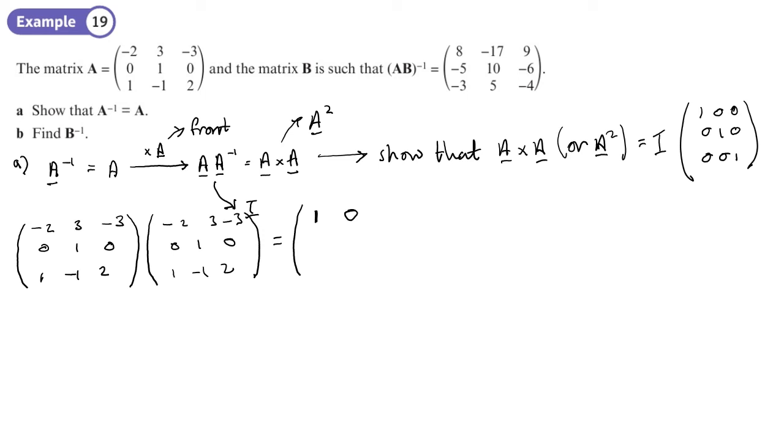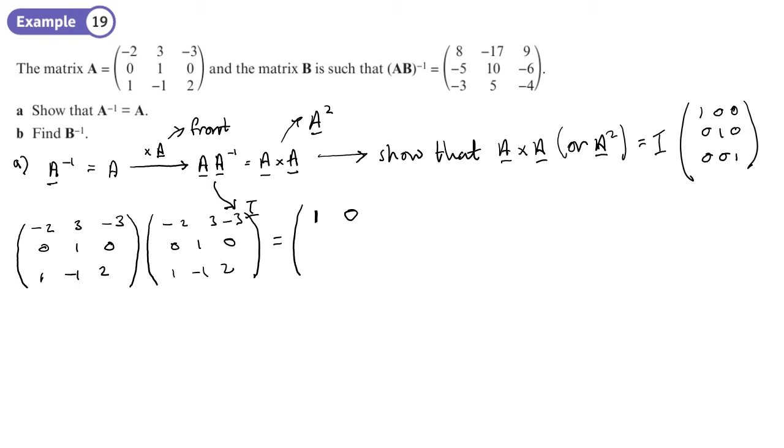Right, moving on to first row, last column. Here that's going to give me 6 plus 0 and then minus 6. 6 minus 6 is 0. So this is looking good so far.